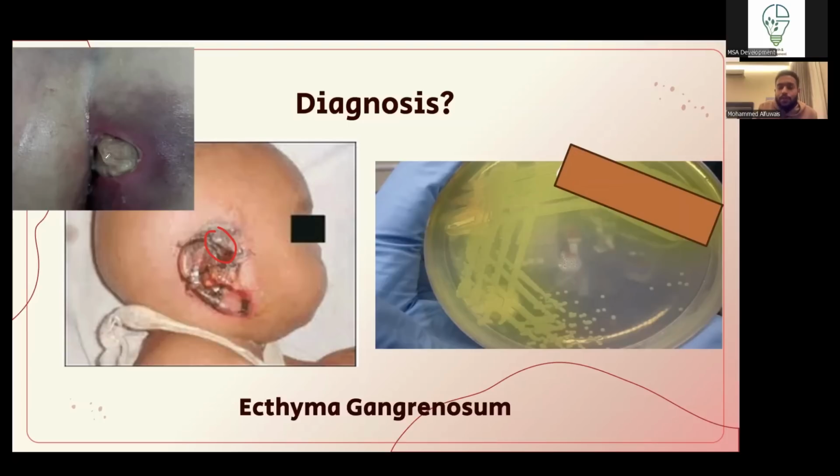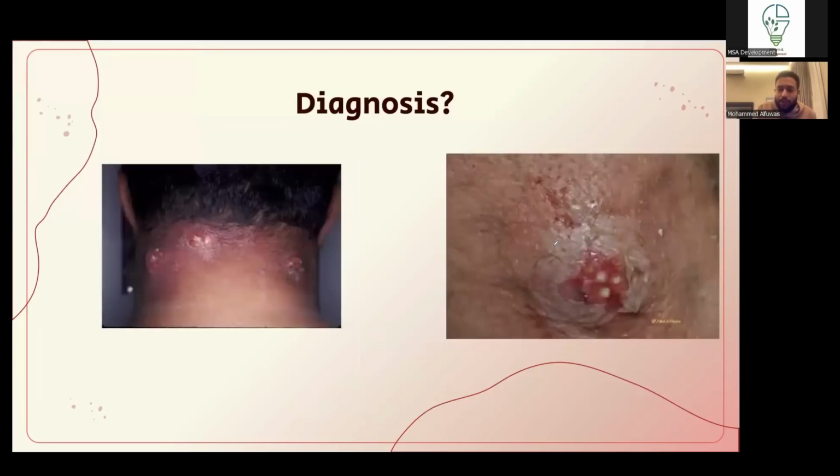A lot of these, you just need to recognize the disease, which is lesions with pus and black necrotic areas. They'll ask you what is the most common organism associated with it? Pseudomonas. How can I tell this is Pseudomonas? Green. Good.